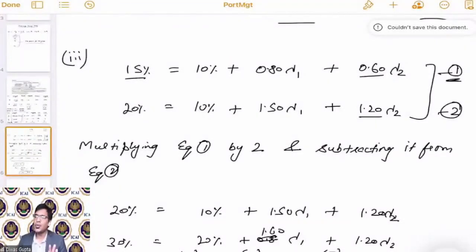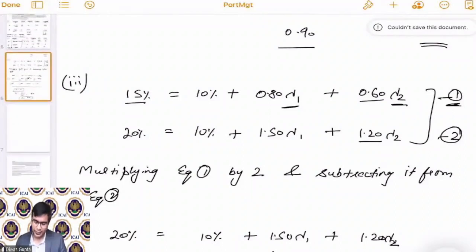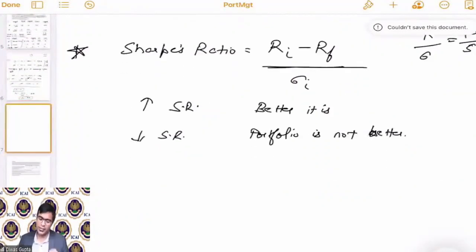Apart from that, there are a lot of other macroeconomic factors that affect the returns as per the arbitrage pricing theory, and these are the risk premiums for those respective factors. It is very much different from CAPM, because CAPM only considers one factor, which is the market risk premium. Correct? Yeah, so this is what Sharpe's ratio is.